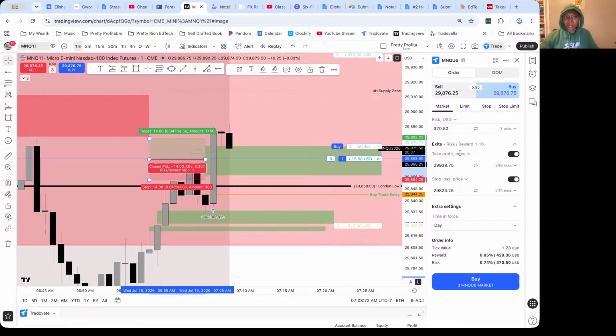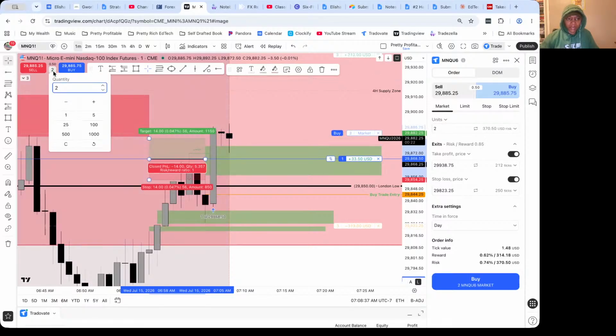Why is my take profit, why are the units changing? Y'all seeing this? I'm doing something wrong. There should be one contract. I entered that one, there should be one.